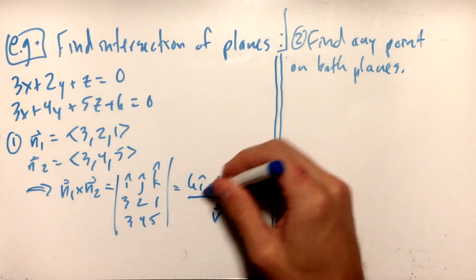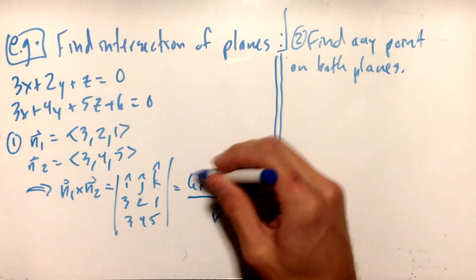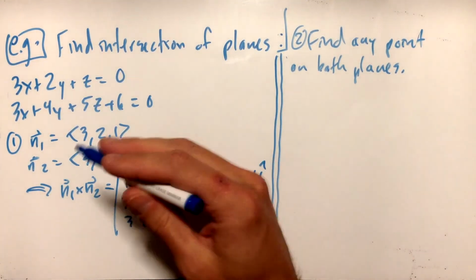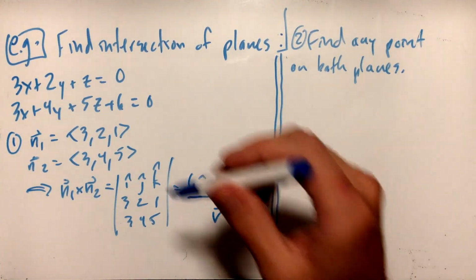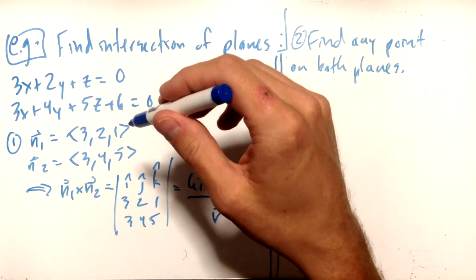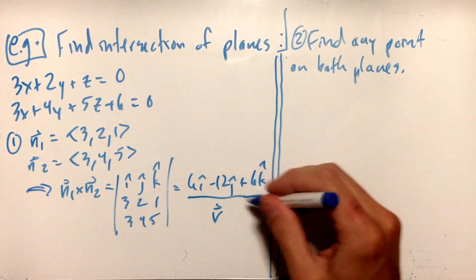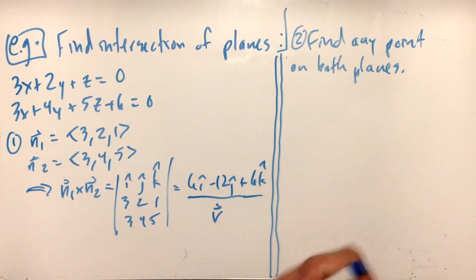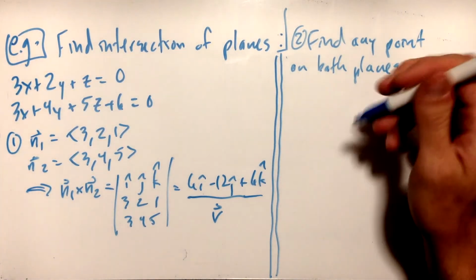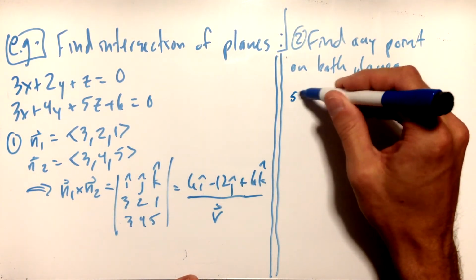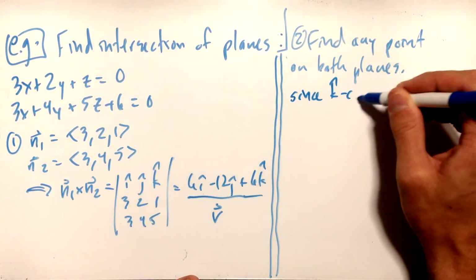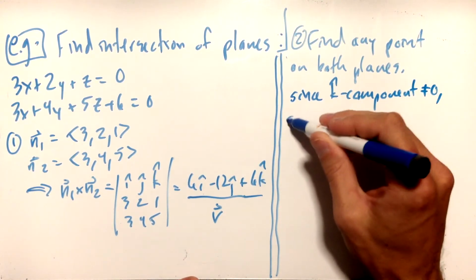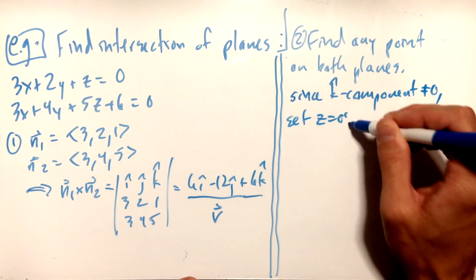When we parameterize it, this would contribute a non-trivial parameterization to x. We'd be able to adjust t so as to make x equal to 0. However, here I'm going to let z be equal to 0, y, I don't know, but still I can let z be equal to 0 because the component on k is non-zero too. So I'll say since the k component is not 0, we can set z equal to 0.